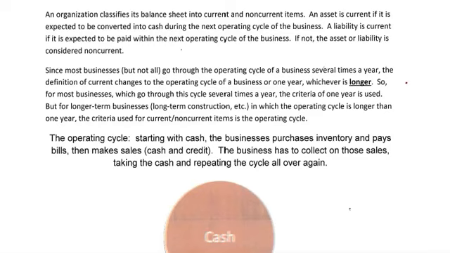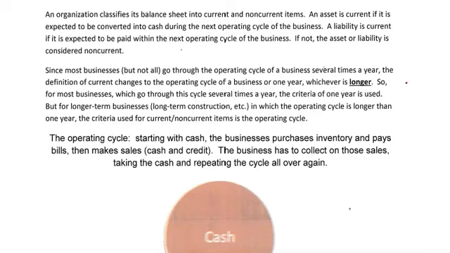Let's say you're a long-term construction company doing large projects, and it takes you 3 years to complete a project. Well, your operating cycle is going to be 3 years, because you're going from cash to inventory that you're producing to collections. This process for you is going to be about 3 years.